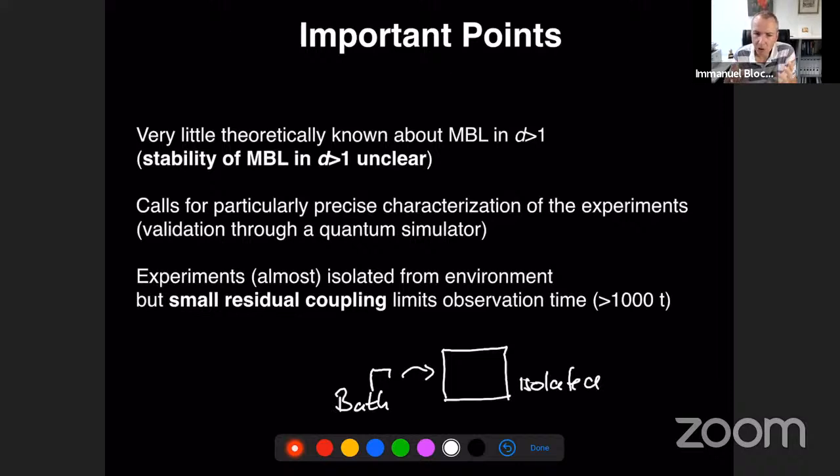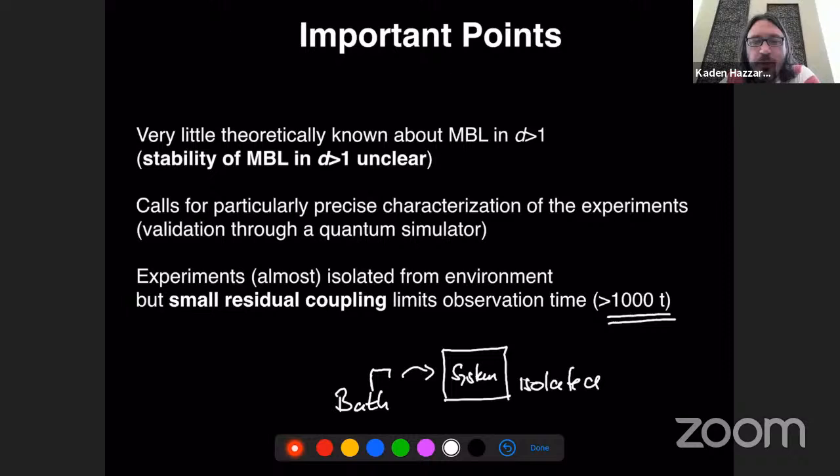So we want to keep this gamma, this coupling of the bath to our system, as small as possible. So we want to push this environmental coupling as low as possible so we can go to as long as possible evolution times. And what I'll show you today in the talk is that we can go to evolution times up to 1,000, in our case, tunneling times or hopping times or spin exchange times. So that's where we're going to be able to say something up to those times.